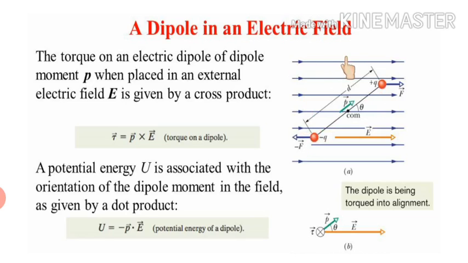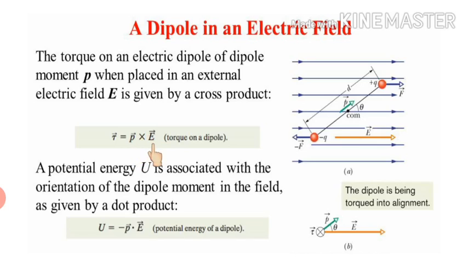But at the same time, one more thing we know, that when two equal and opposite forces are acting on a body at two different points, a torque is acting on that particular body. This electric dipole will experience some torque, and this torque will try to align this electric dipole in the direction of the electric field. And this torque is given by tau is equal to P cross E, where tau is torque, P is electric dipole moment, and E is electric field.